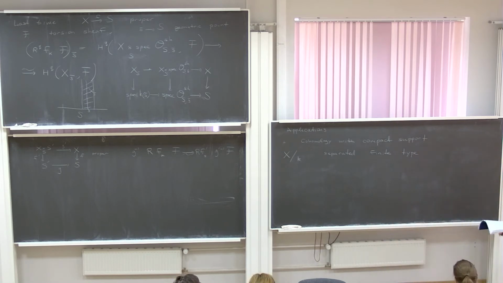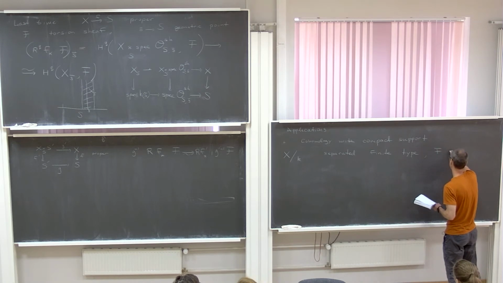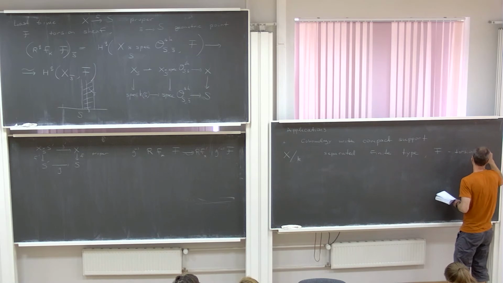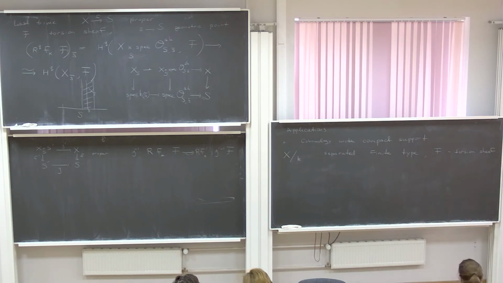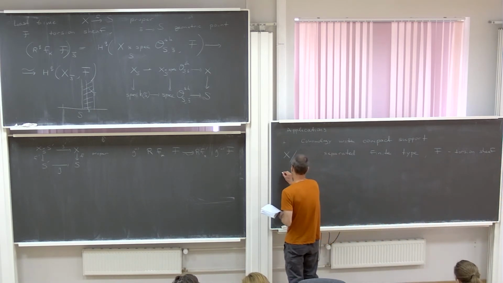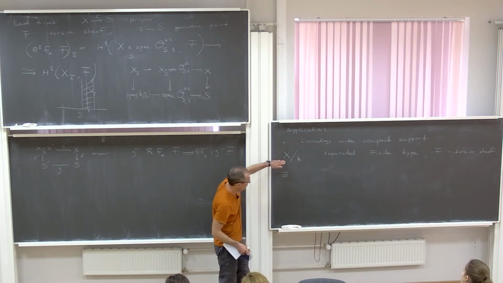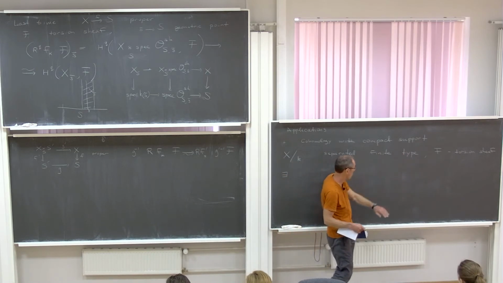So I want, and I have a sheaf F, torsion sheaf. And then there exists, so I want to define for you what is homology of X with coefficients in F with compact support.